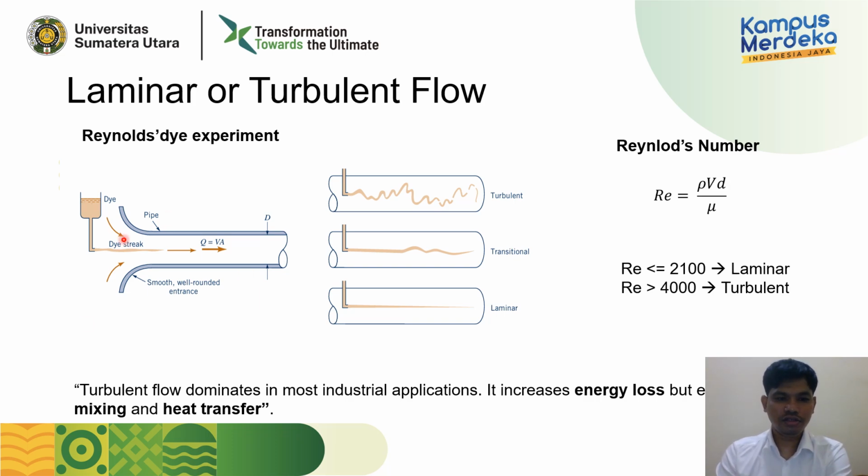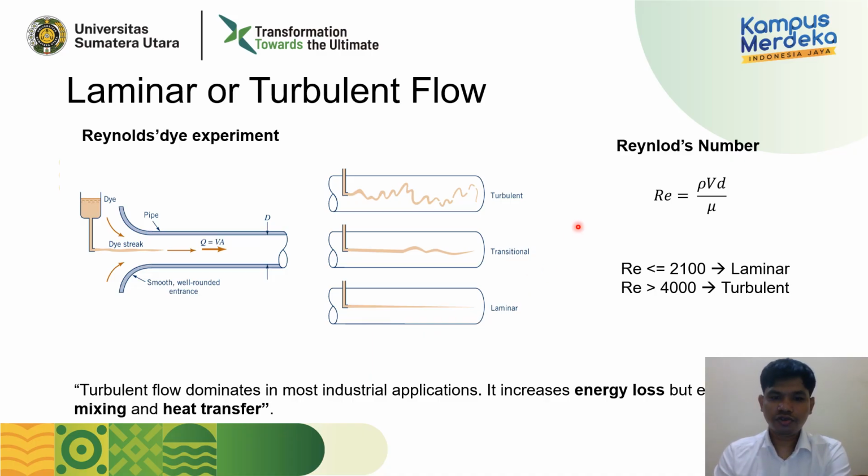So that's why we can use it to explain the fluid phenomena inside the pipe. Okay, you can see here, if you talk about laminar, the flow is uniform. There are no fluctuations. It is uniform and stable.